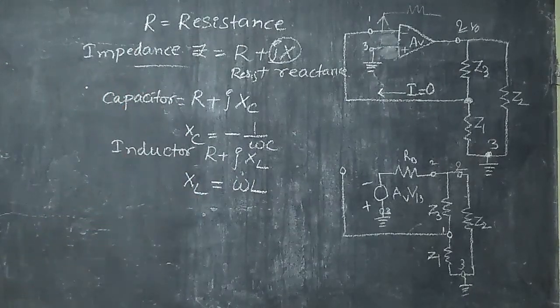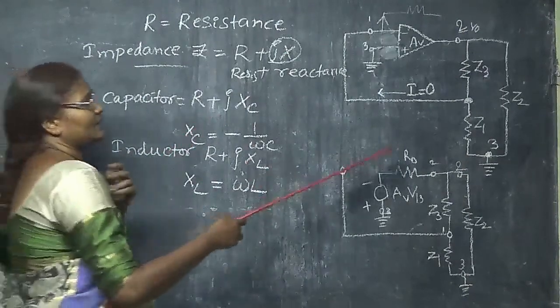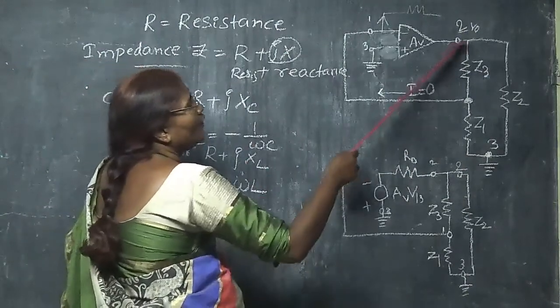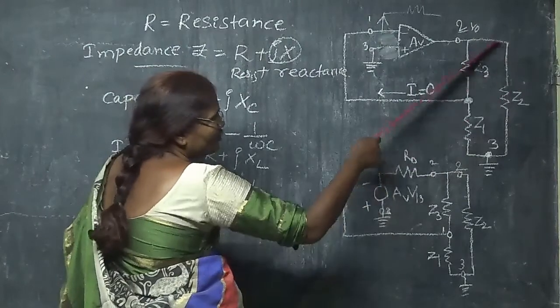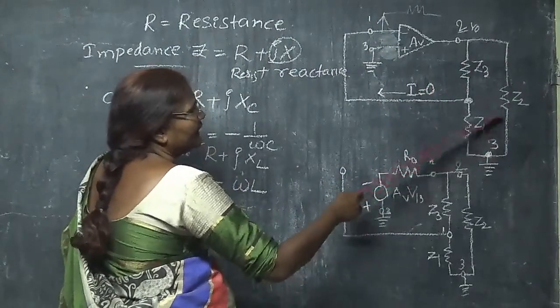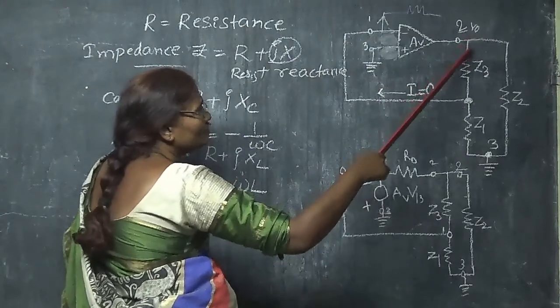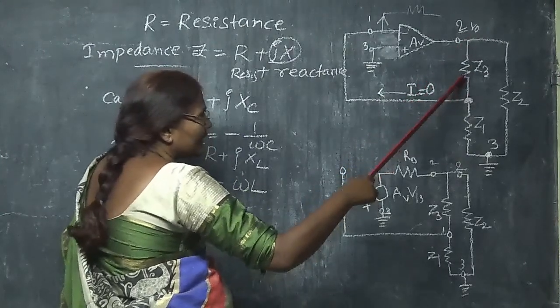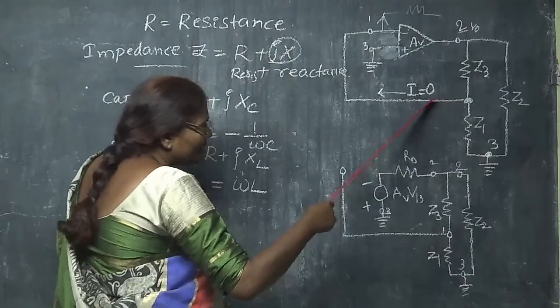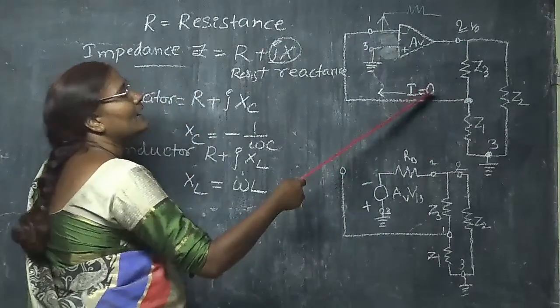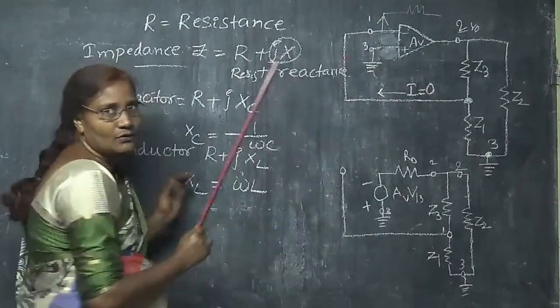Now, let us explain something here. When the output is concerned, whatever current is flowing through this will not enter any part of the current in this. Here it is shown I equal to 0.